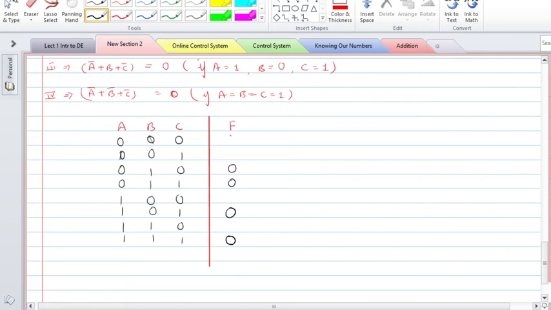Okay, and for the rest of the cases the output will be 1.